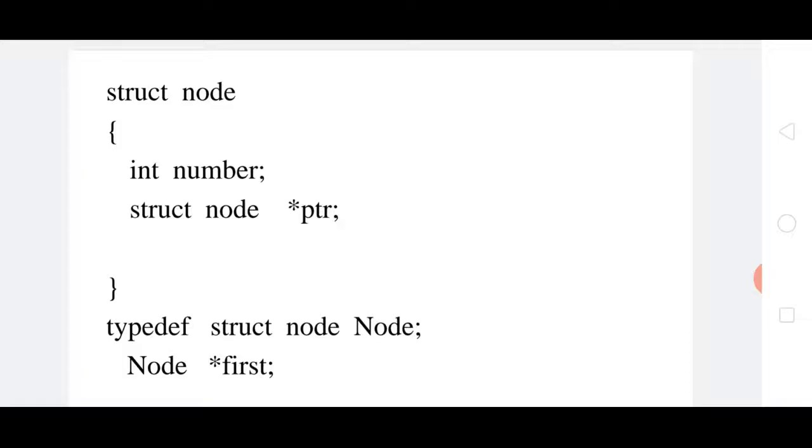Inside the body of the structure I am going to declare one integer type variable. The name of this variable is number. Also I am going to declare one pointer. The name of the pointer is ptr. This pointer is declared by using the user defined data type, which is node. This is the body of the structure.